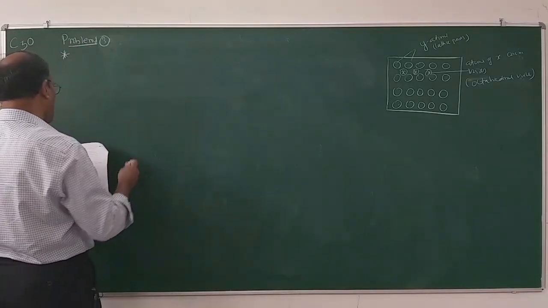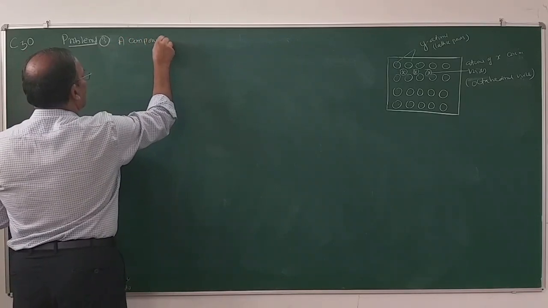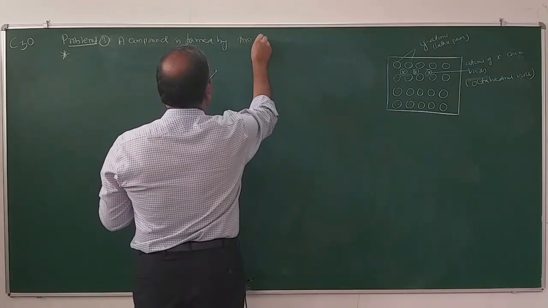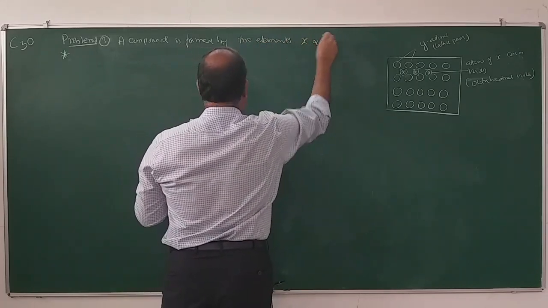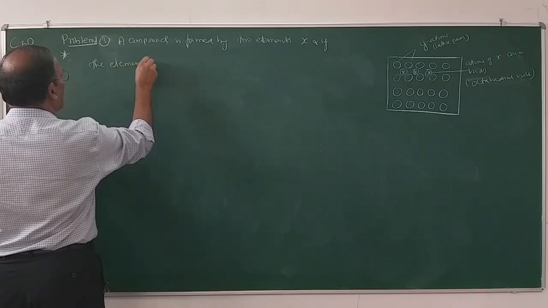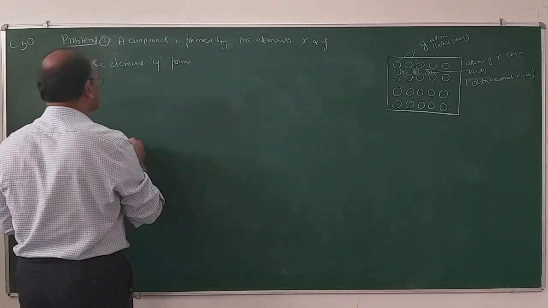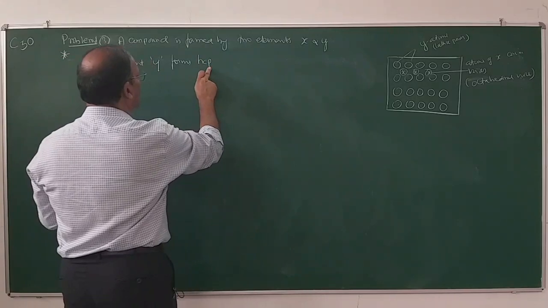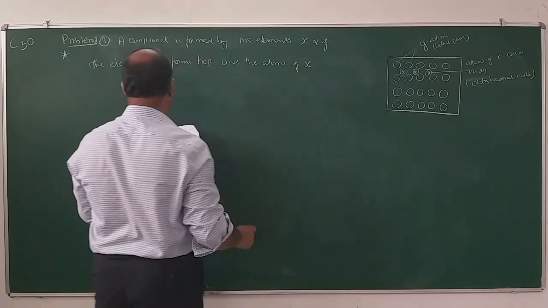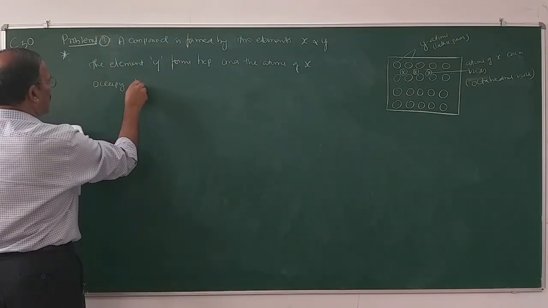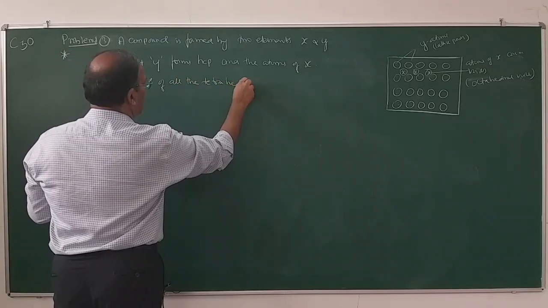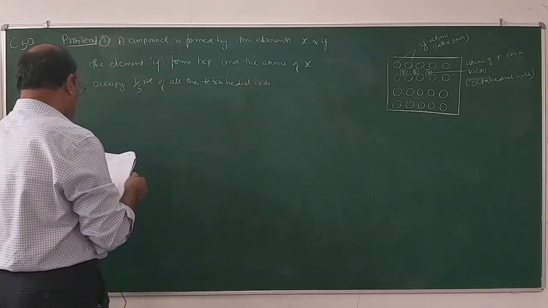A compound is formed by two elements X and Y. The element Y forms HCP, hexagonal close packing, and the atoms of X occupy 1/3 of all the tetrahedral voids. 1/3 of all the tetrahedral voids.